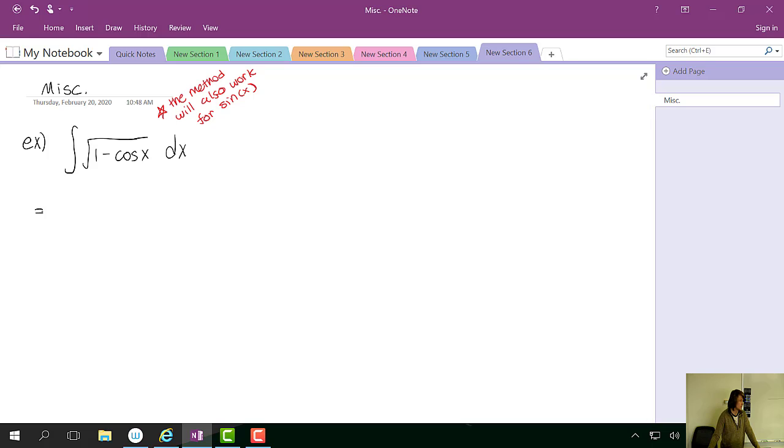One thing that's often useful to try is that when we have a square root, especially a square root of something like a simple additive term, like 1 plus a function of x or 1 minus a function of x, generally a good thing to do is multiply the top and bottom of this integral by this thing's conjugate.